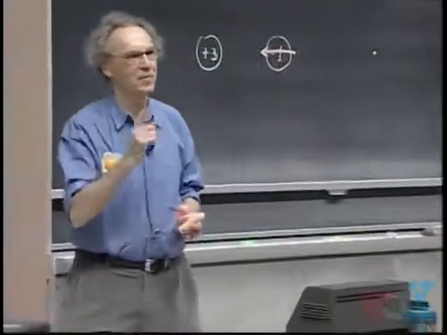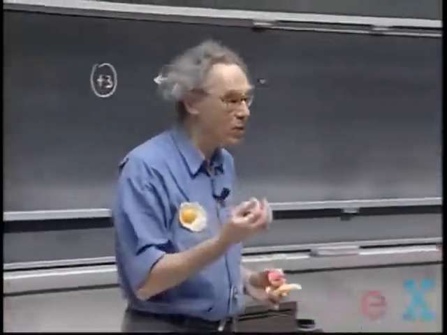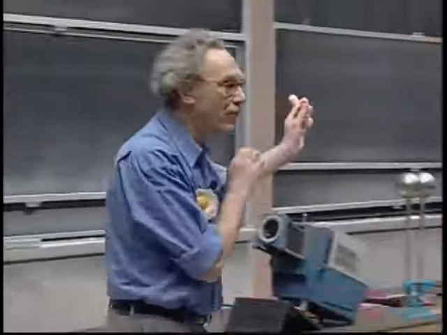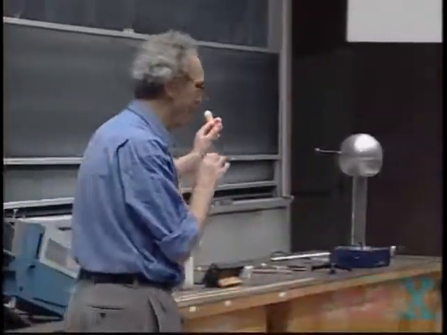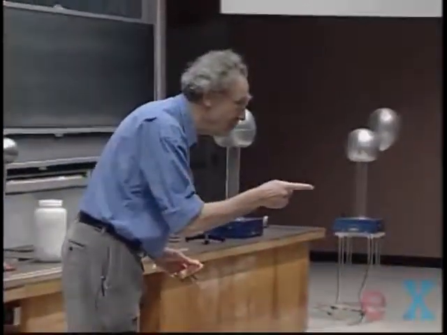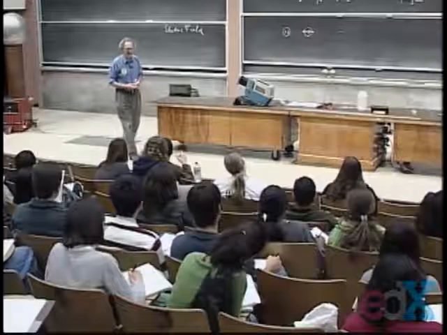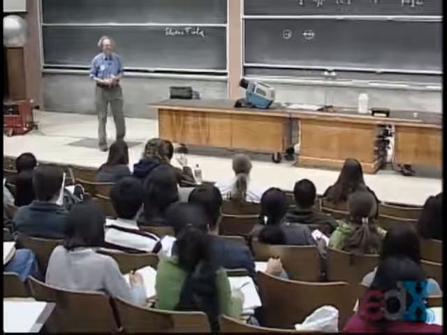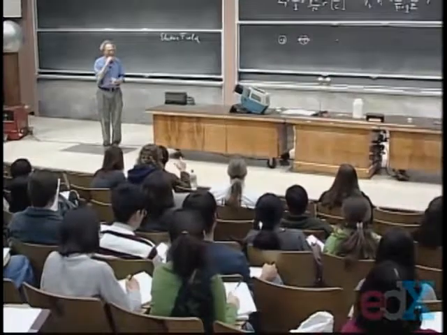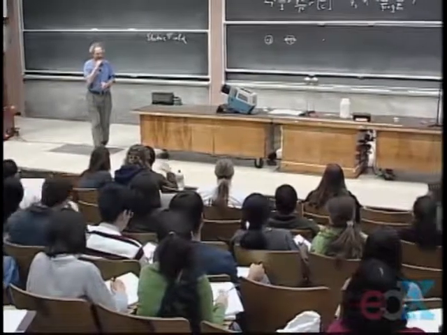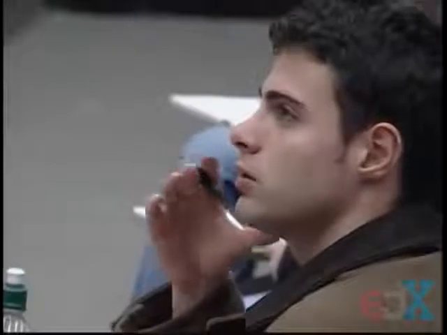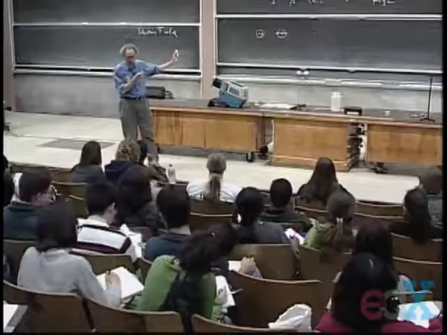What do you think now is the direction of the force on my plus charge? Very far away. Excuse me? Why do you think it's to the left? Do you think -1 wins? So you really think the -1 is stronger than the +3, because the +3 would push it out, and the -1 tries to lure it in, if the test charge is positive.